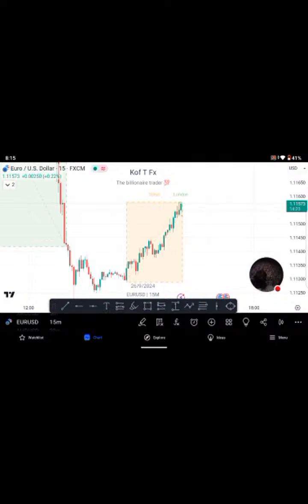You expect price to take out the second BOS, like the low that created the second BOS as a liquidity grab, and mitigate the first break of structure. So when it mitigates the first structure, it signifies complete mitigation.